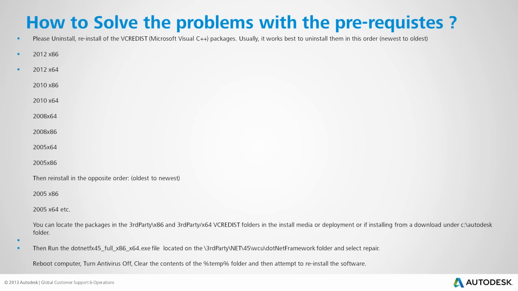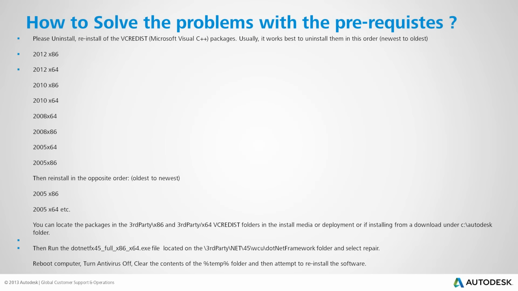You reinstall them from oldest to newest, and those can be located in your third-party folder. Once it extracts, the installation will be under C, Autodesk, third-party tools, and then you will see those Visual C++ packages. Obviously, if you have the installation media, it will be in your installation media on the same path as well.